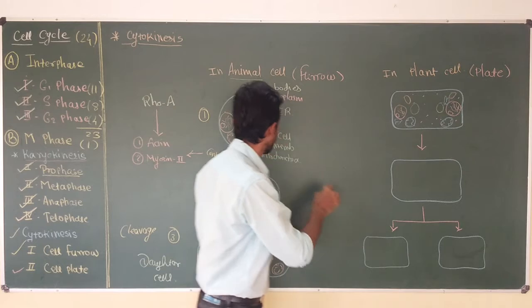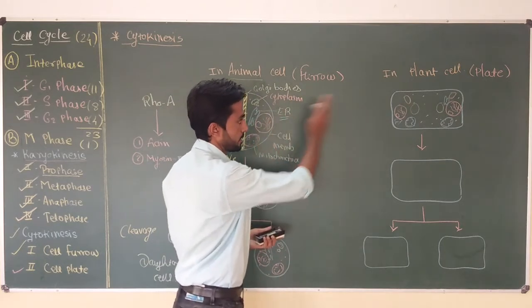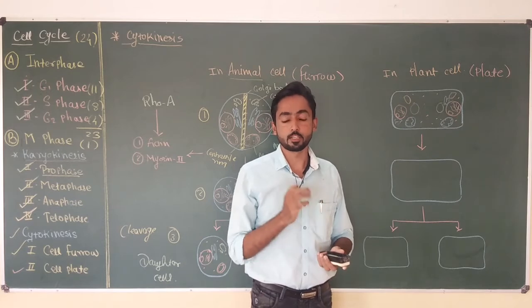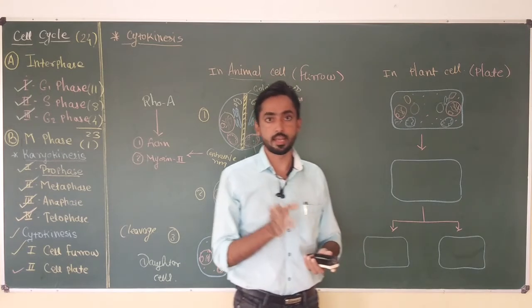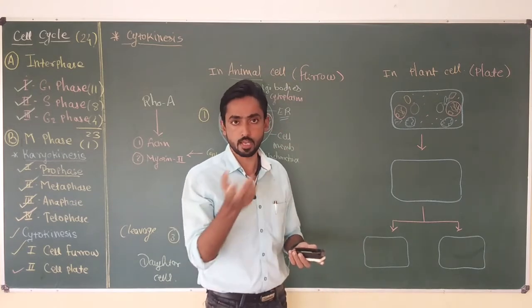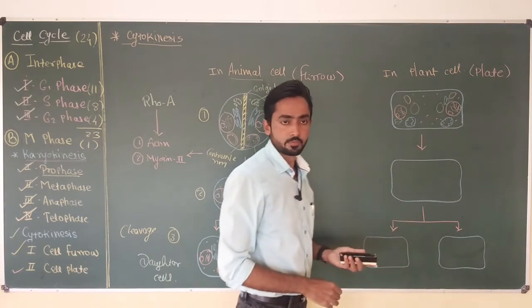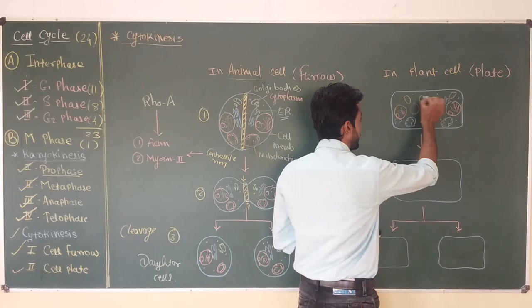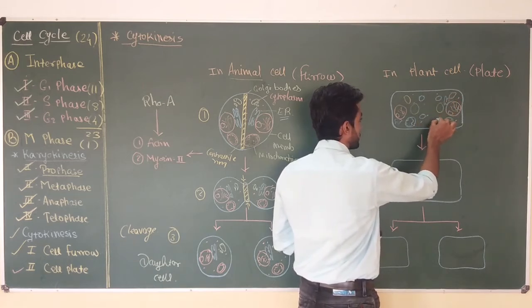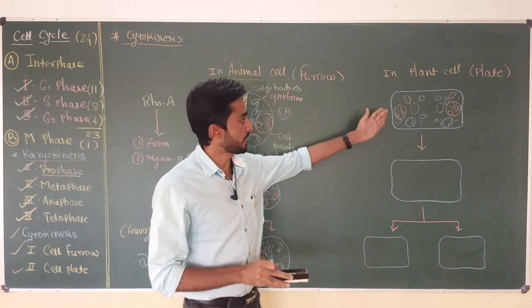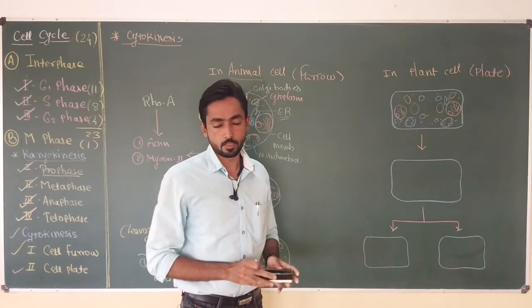This endoplasmic reticulum, which is present in both plant and animal cells, plays an important role in detoxification of toxic material as well as in protein synthesis, because ribosomes are present on the endoplasmic reticulum. Okay, all other bodies like lysosomes and peroxisomes are also present in the plant cell at the start of cytokinesis.